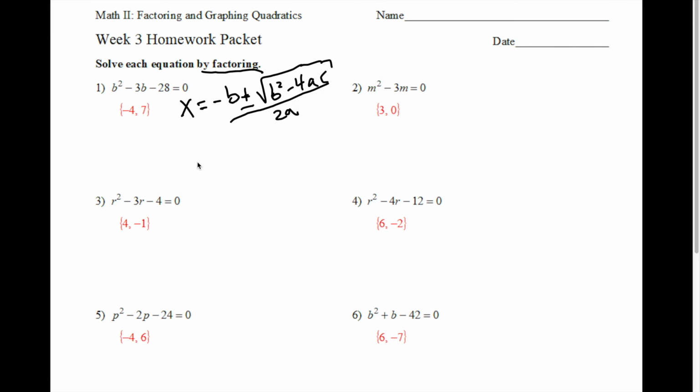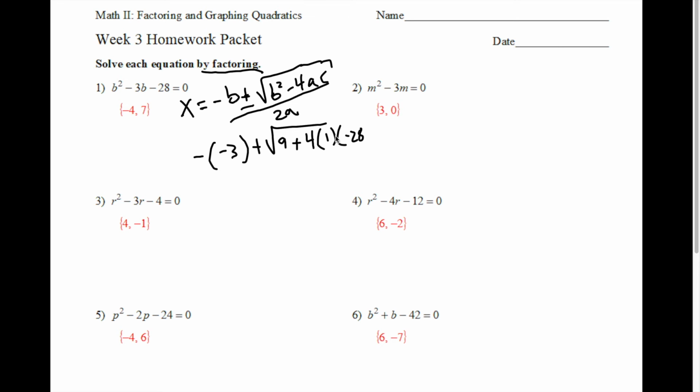Okay, so you should have this memorized by now. So that means we're going to have negative 3 plus all this stuff, which is going to be 9 minus 4 times 1 times negative 28. 4 times 28, ooh, that's going to be big.